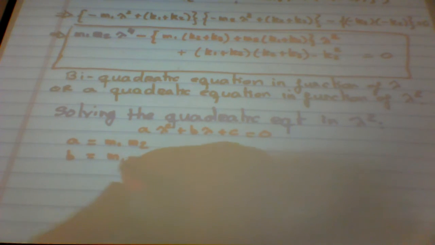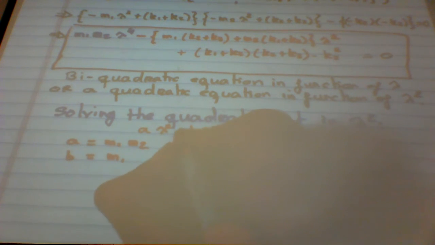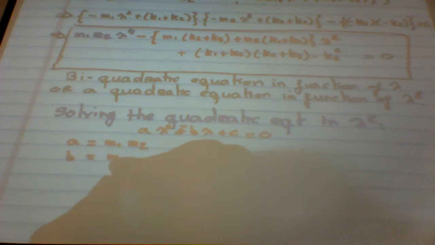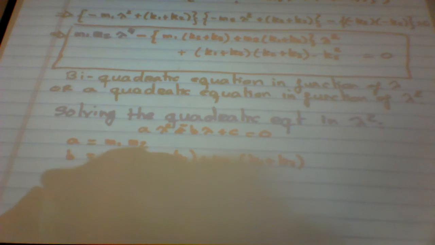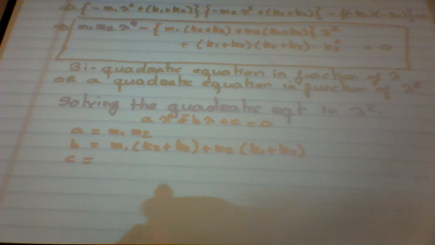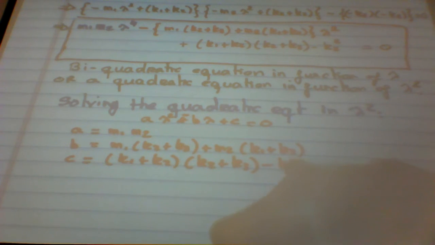The negative of m1 times k2 plus k3 plus m2 times k1 plus k2. I'm just putting a minus here to save some time. And what would be C? K1 plus k2 times k2 plus k3 minus k2 squared.